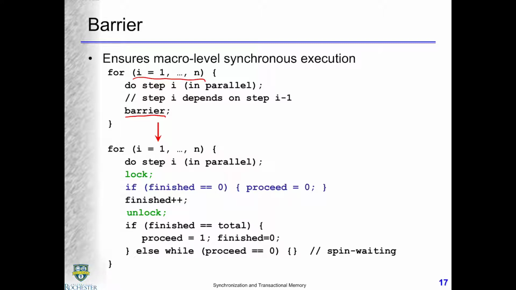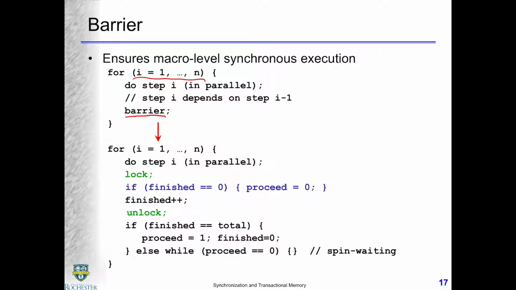Okay, so this is some kind of high-level synchronicity for the different threads. And you can kind of plug in the code, even though when we put a barrier there, it's a black box.